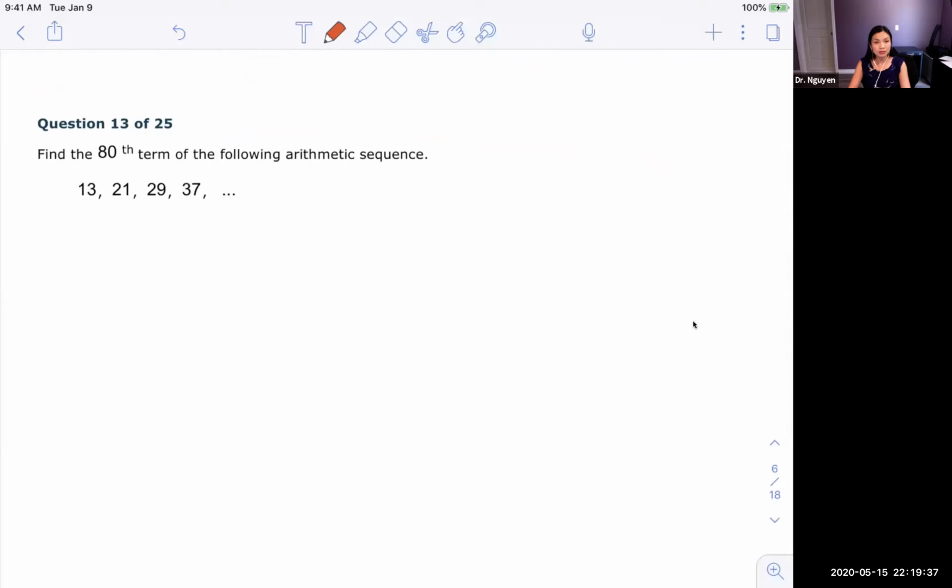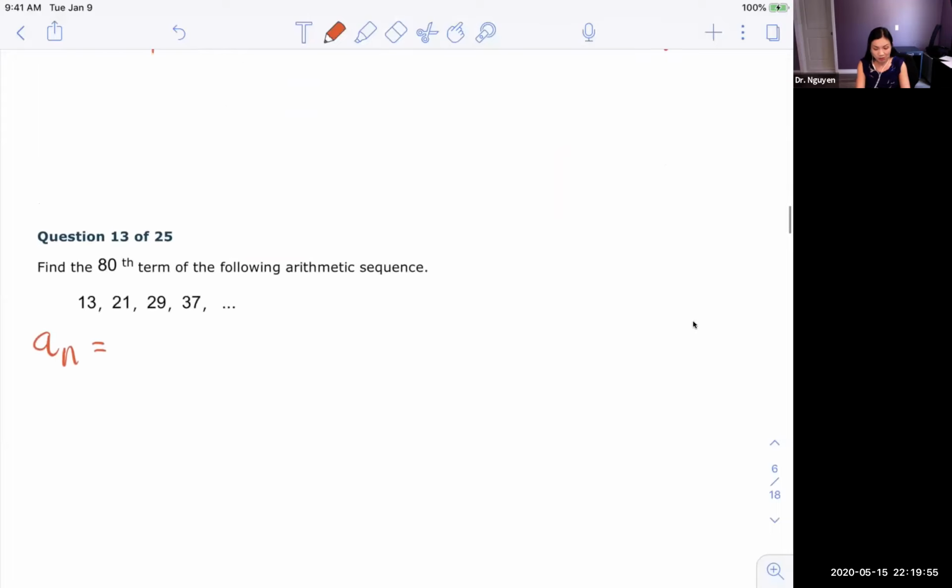Okay, so let's take a look at the next one. As you can see, we have to find the 80th term of that sequence. So let me rewrite the formula for you. The more you do it, if you keep rewriting, you're going to remember it.